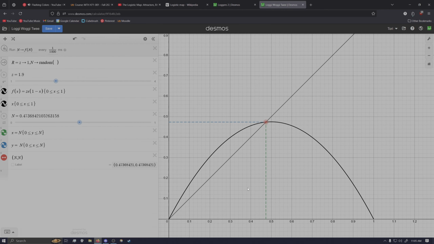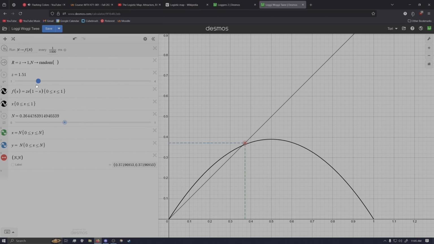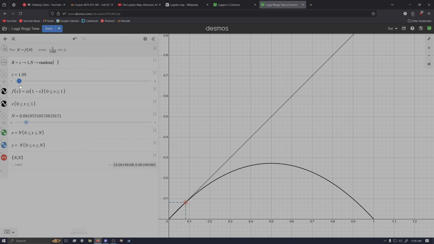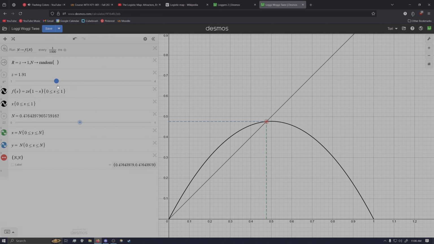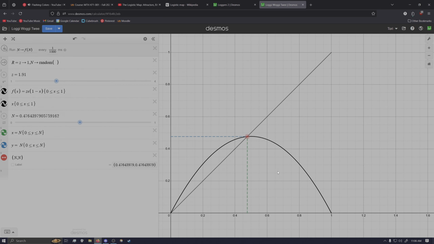This equation is used to plot population growth under different values of r. So for example, obviously if your growth rate is less than 1, it will shrink forever, but if it's more than 1, then interesting things happen. For example, if my growth rate is at 1.91, my population seems to stay at around 47% full the entire time.